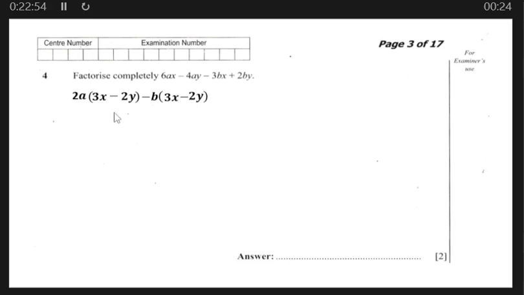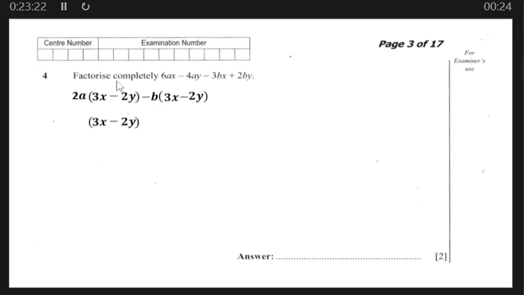Then from here, you check this is one term here separated by minus, and this is another term on the other side of the minus. So when you look at this term here and this term here, they're also the same. So you factor it out, you write it once. So you say open brackets 3x minus 2y, then close the brackets.